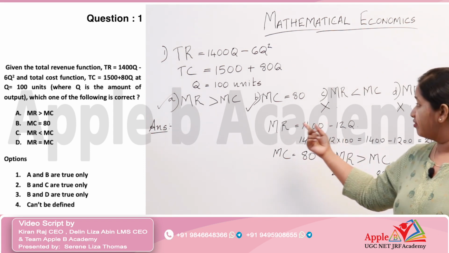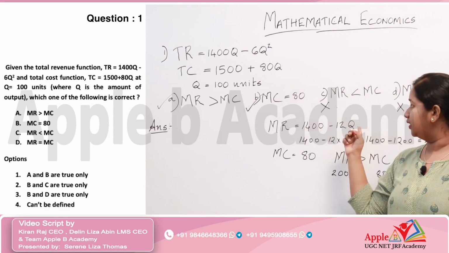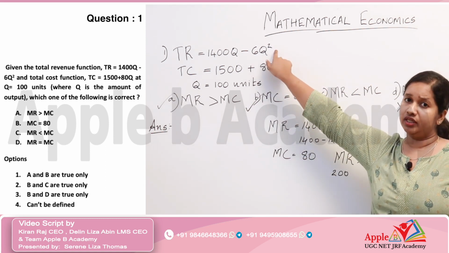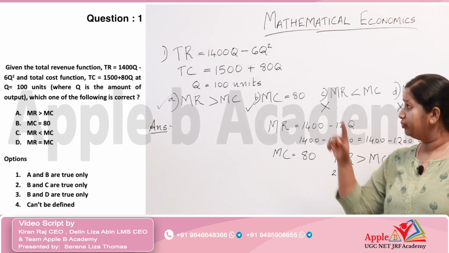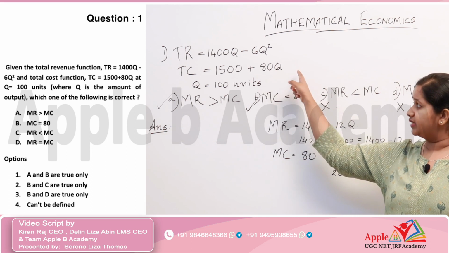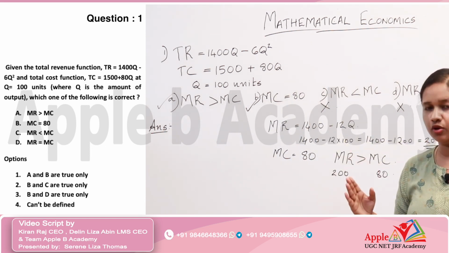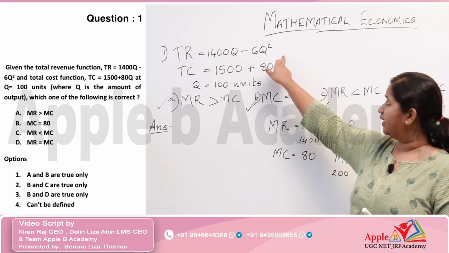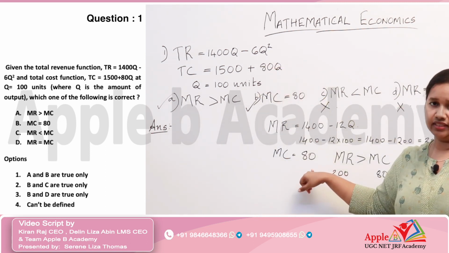First, marginal revenue: differentiating this function, we get 1400 minus 12q. For total cost, differentiating 1500 plus 80q, we know that 1500 is a constant, and differentiation of a constant is equal to 0. So the rest we get 80q, and differentiating 80q we get 80.